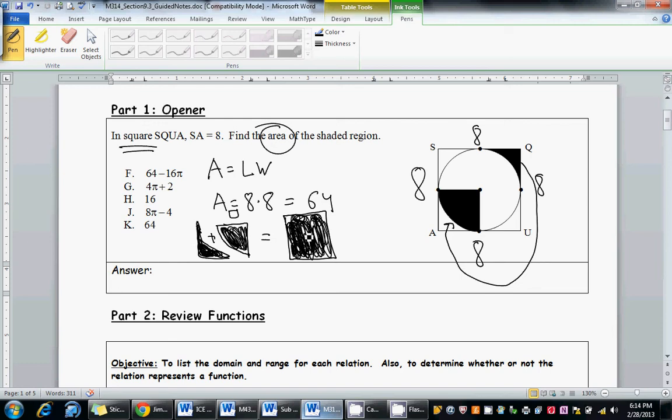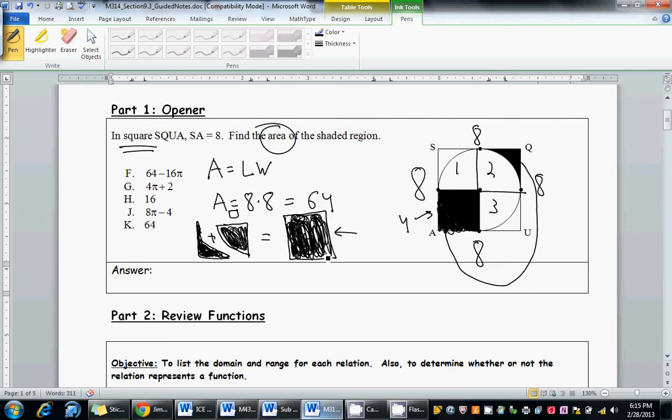Okay, so how many of these squares, these smaller shaded squares, are in the larger square? Okay, well, let's see. Let's draw this in now. Okay, so if I were to shade this area right here, okay, there's my shaded region, right? I have a little tiny square right there, and it looks like I can split this square up into 4 smaller squares.